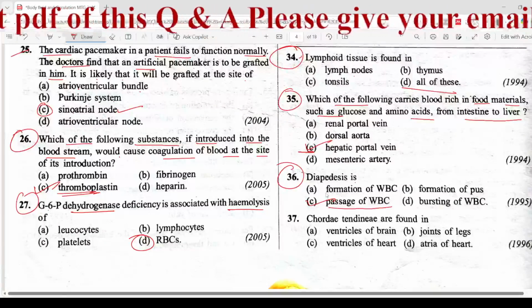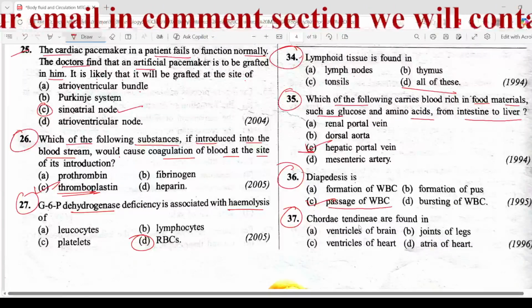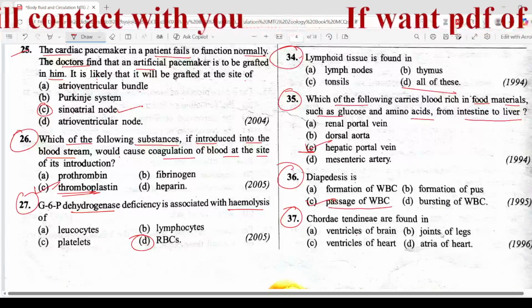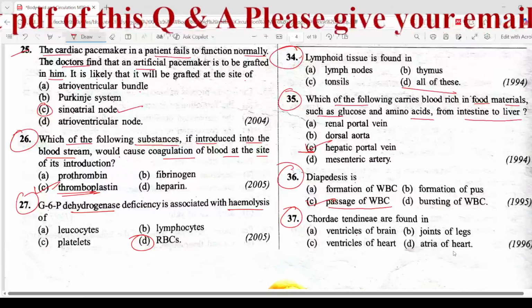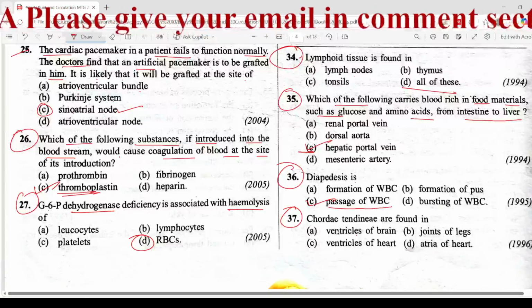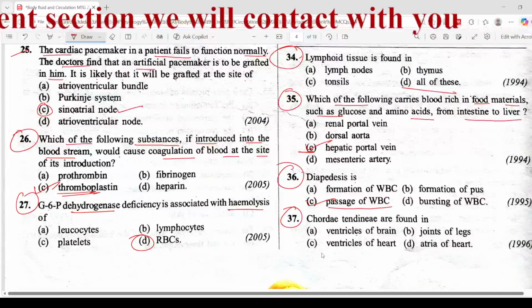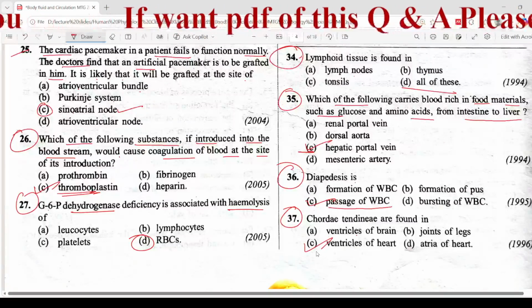So let's move to the next question. Chordae tendineae are found in ventricles of brain, joints of legs, ventricles of heart, and atria of heart. So the correct answer for this question will be the option C.